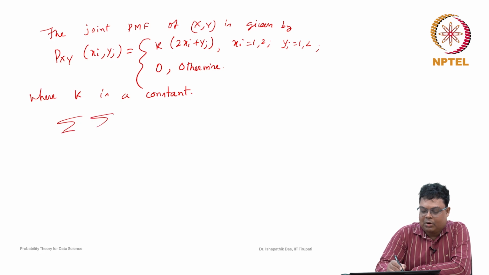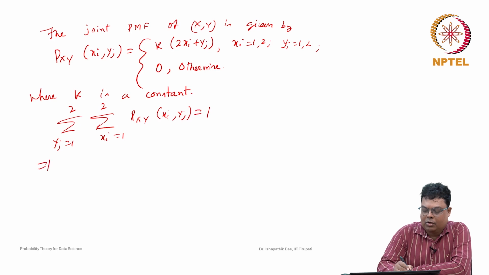If we take the sum over all possible values, xi can take 1 and 2, and yj can also take 1 and 2, the sum of pxy of xi, yj should be equal to 1. This implies k times the summation over xi equal to 1 to 2 and yj equal to 1 to 2 of (2xi plus yj) should be equal to 1.